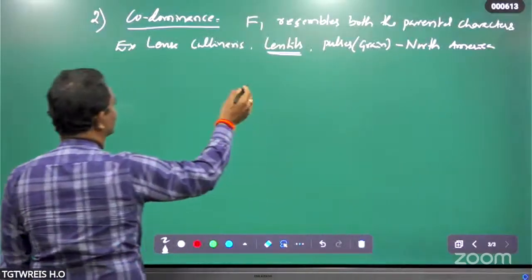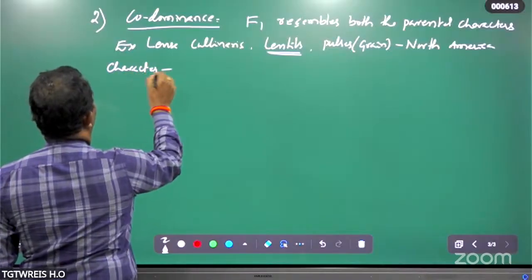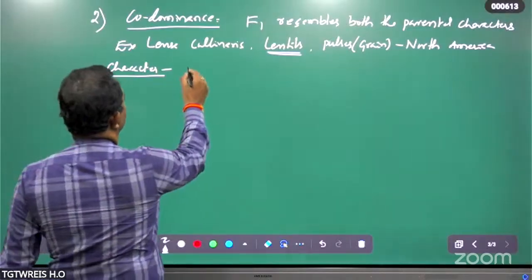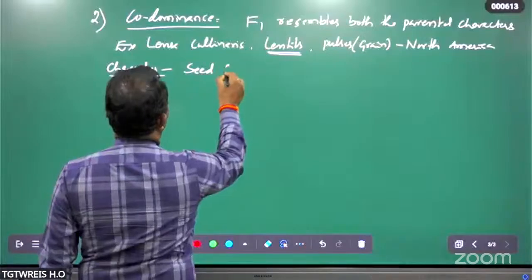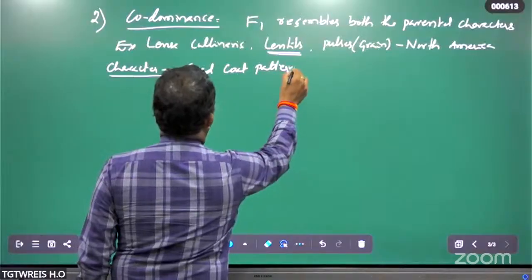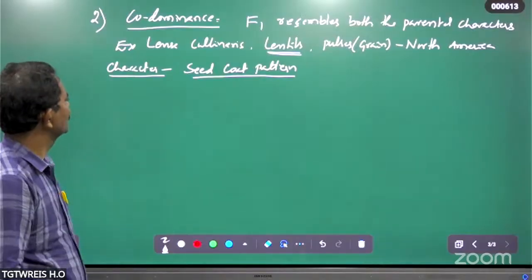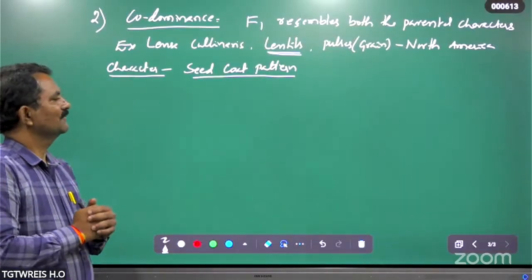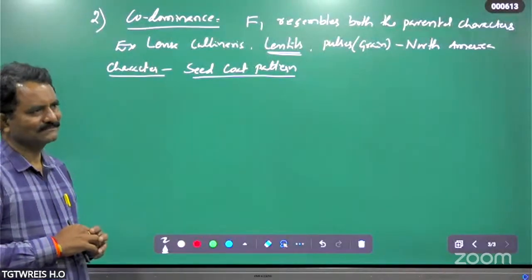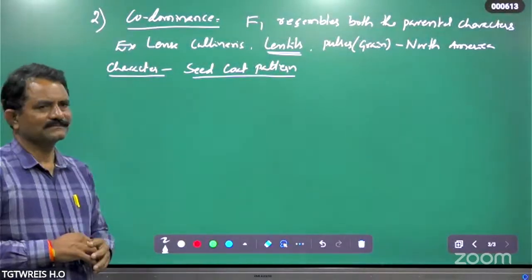So which character is deviated? The seed coat pattern is deviated. So codominance means the F1 generation resembles both the parental characters. In which character? Seed coat pattern.